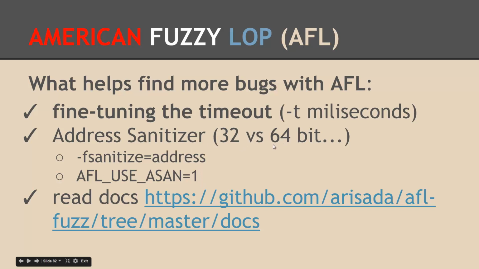Now, I've had problems using the 64-bit version of ASAN with AFL, so I recommend if you're going to use Address Sanitizer, do not do it on large binaries. If it's a large binary and you're targeting just a shared library like a codec, then it might be doable. In such a case, try to target the 32-bit version because I've had less buggy results.